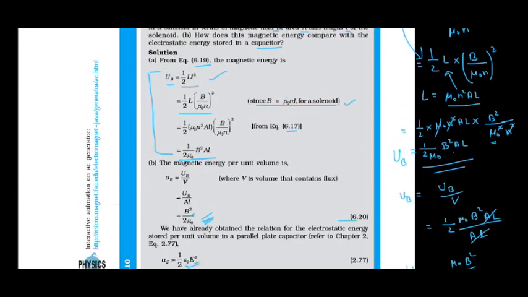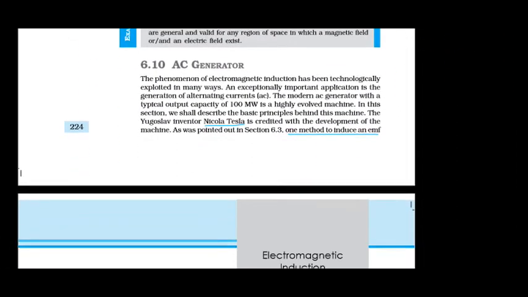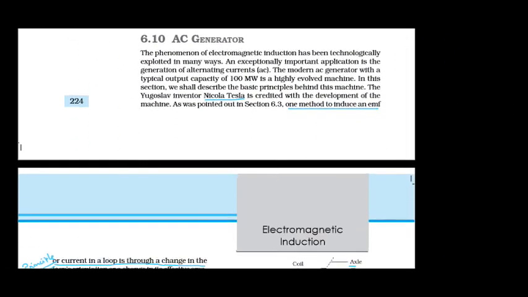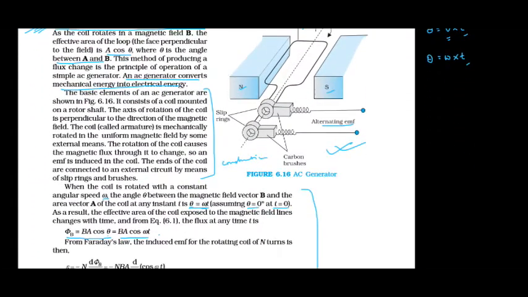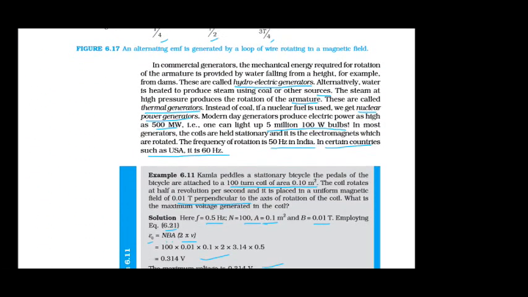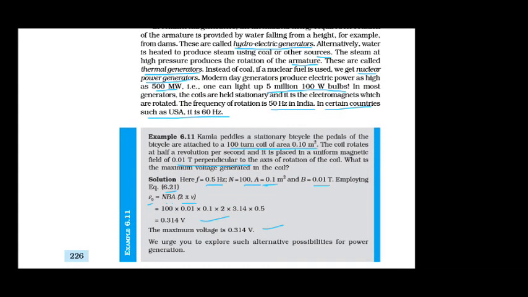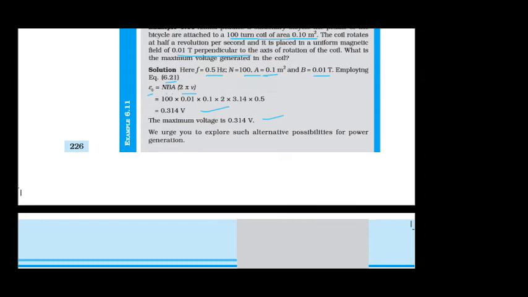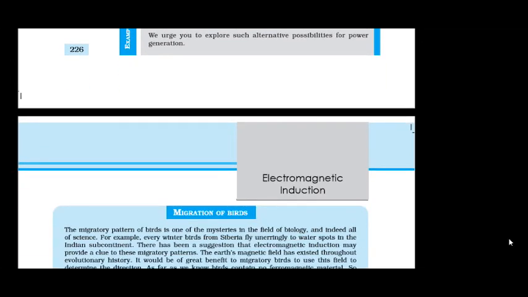We have done a few sums related to the self inductance concept, and then we have learned about the principle, construction, and working of the AC generator, and some conclusions for the AC generator. What are the different types of generators, like hydroelectric generator, thermal generator, nuclear power generator, etc. And we have solved one of the examples, and this is the end of this chapter.